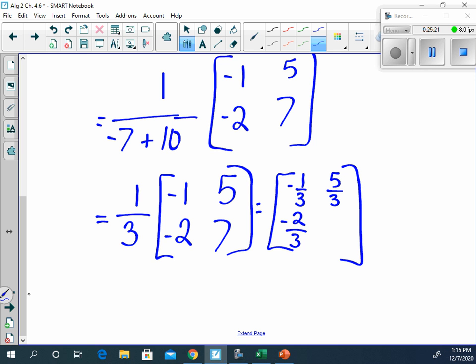And lastly, 1/3 times 7 will be 7/3. And this here is the inverse of matrix P. This is its inverse.